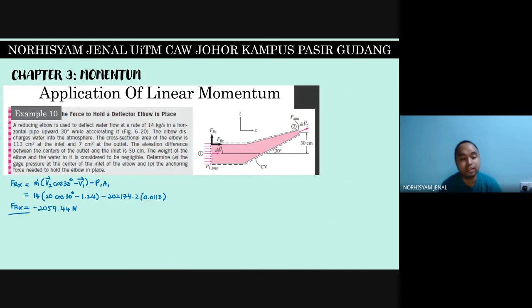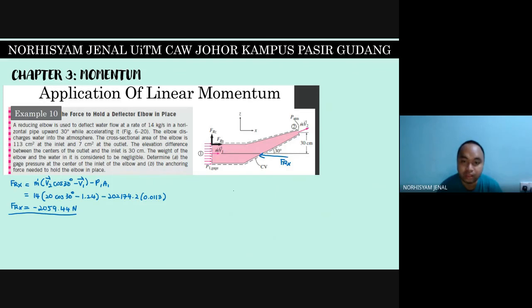Okay, what does it mean by this is the force required to hold the body from moving is a negative force. So it is acting like this. If I want to hold the body, I need to create a force that is acting this way. Bermaksud, water is moving this way. Since the water is hitting the surface of your elbow here, it is trying to push the elbow to the right.